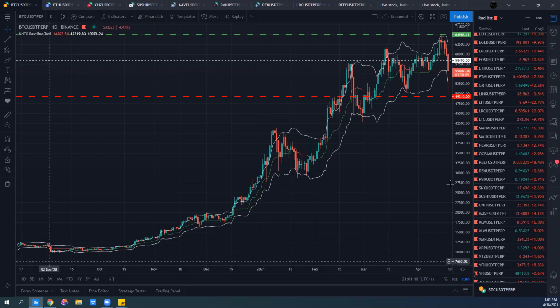Can you see? So the name of this indicator is this. This is the name of the indicator, NNFX Baseline Tool. I hope you are seeing where my cursor is. You can easily search for the name of the indicator on your TradingView profile.